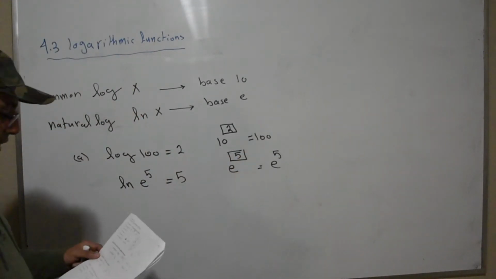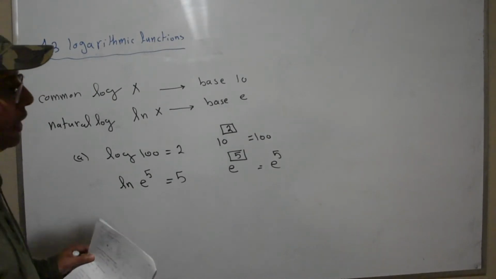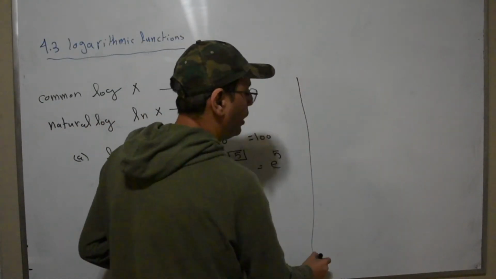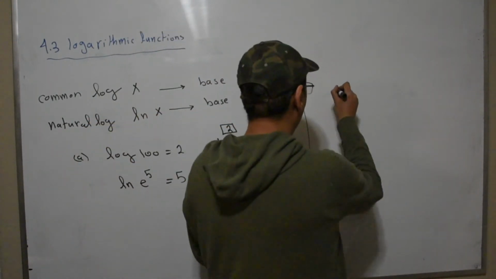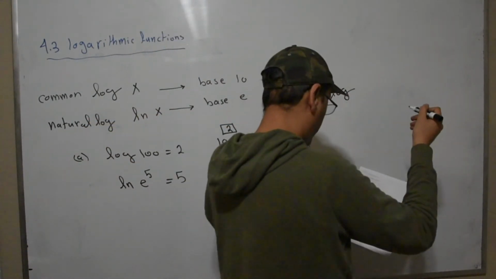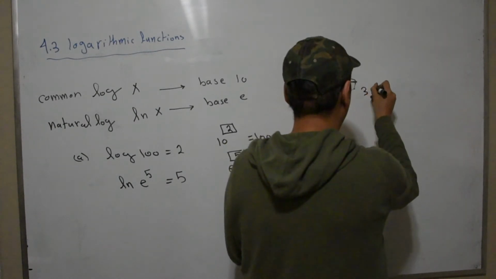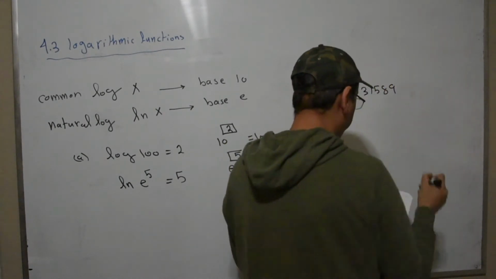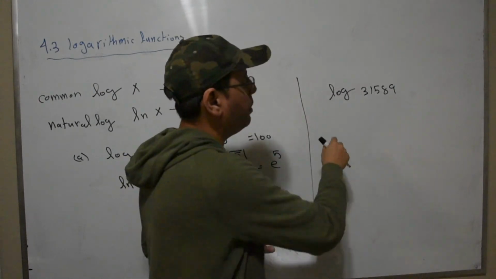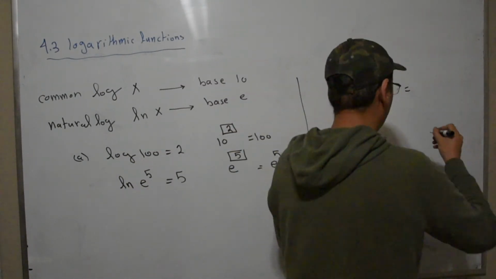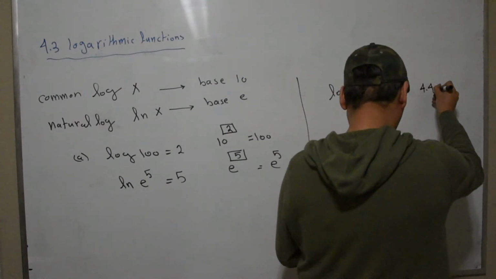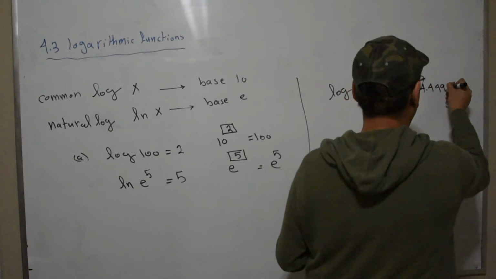Okay, so let's get some more. I would like you to understand how to use the calculator in these examples. So if I ask you to do log of 31589, all you need is to type log in your calculator and that number, and you should get 4.4995.